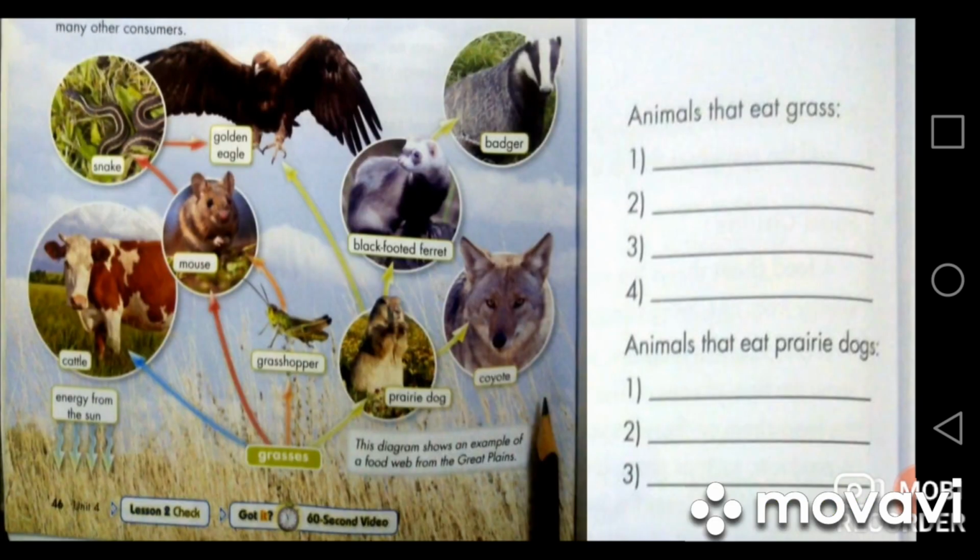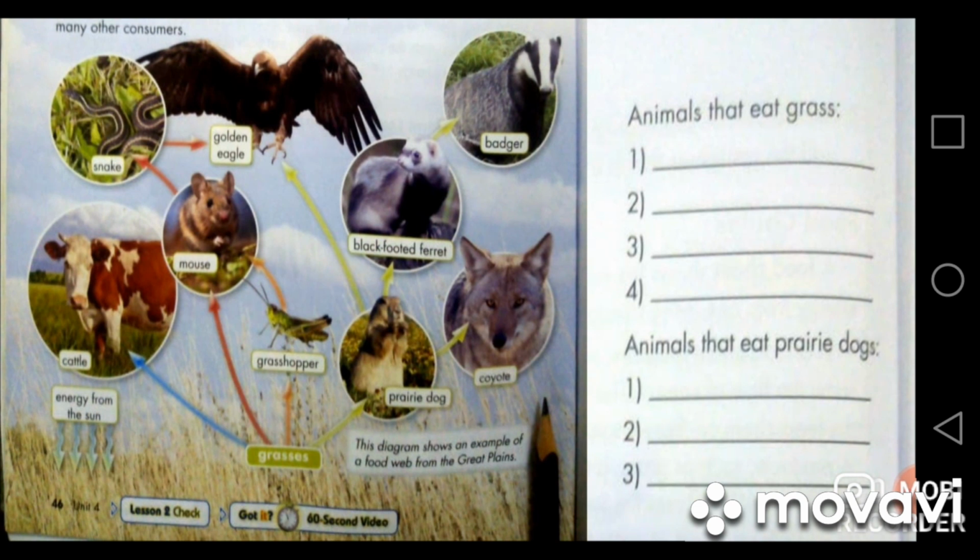Now it's time to solve question number 1 on textbook page number 46. You can see a food web is given here, and we have to tell the animals that eat grass. You can see by the help of arrows, 4 animals are eating the grass in this food web: the cattle, the mouse, the grasshopper and the prairie dog.